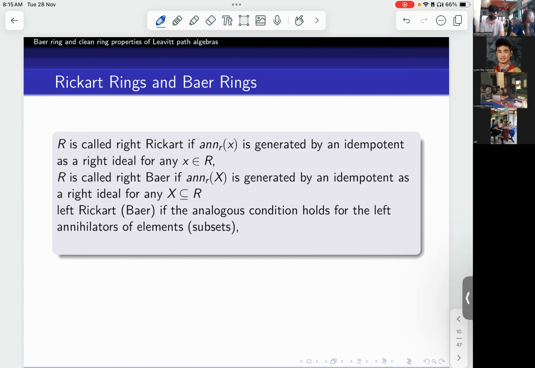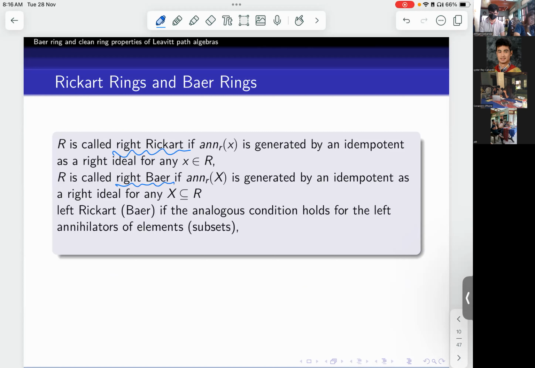So we have left Rickart rings and right Rickart rings, whenever the annihilators considered are left annihilators or right annihilators. If you consider a right annihilator and it is generated as a right ideal by an idempotent, then we call it a right Rickart ring.